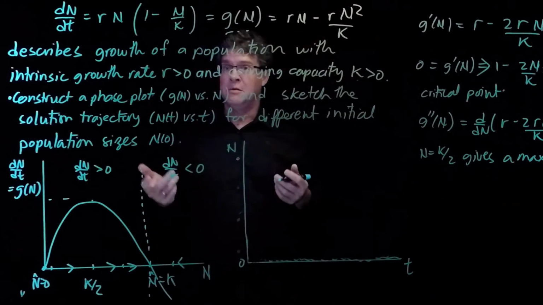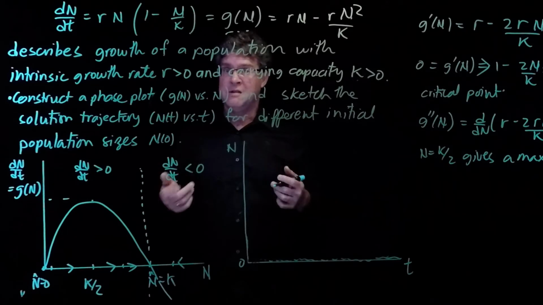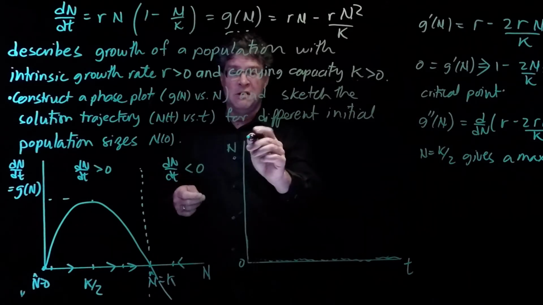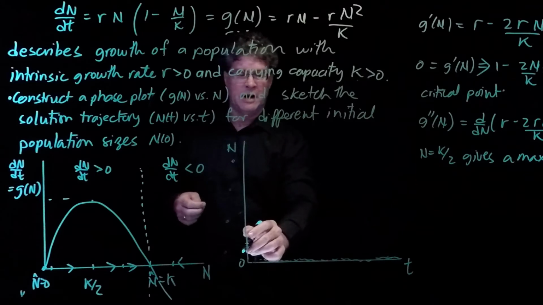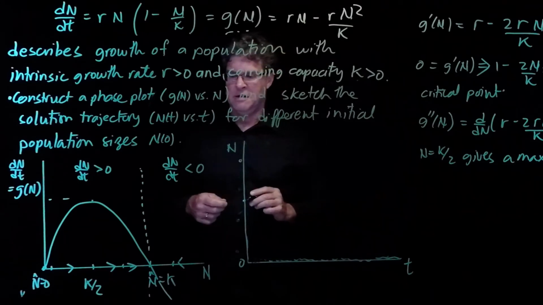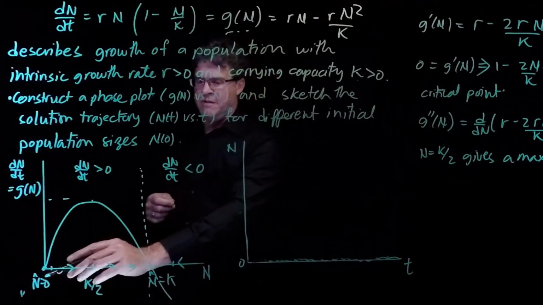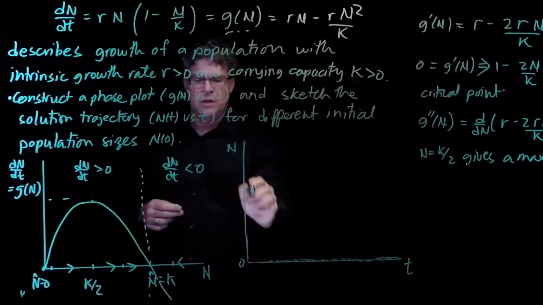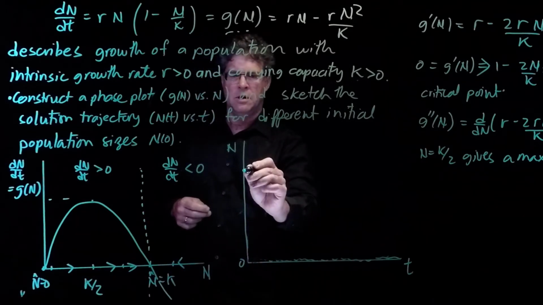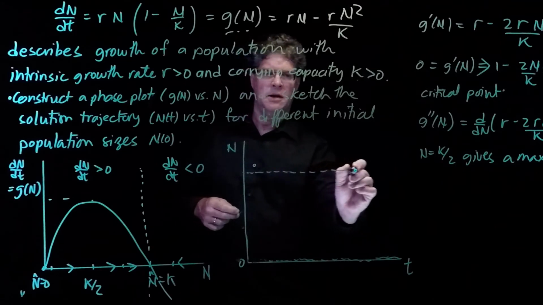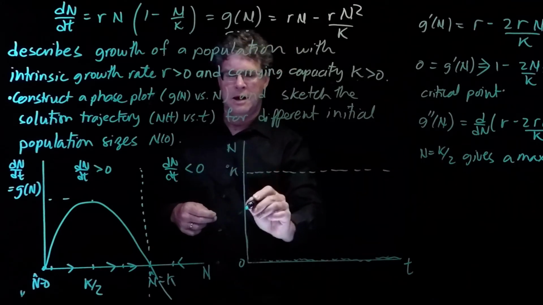When we plot the solution, N(t) versus t, we use these axes here, N on the vertical axis and t on the horizontal axis. We can take these values of N that we have on the graph and put them on this graph. So we have 0, and let's put in K, and also K over 2.